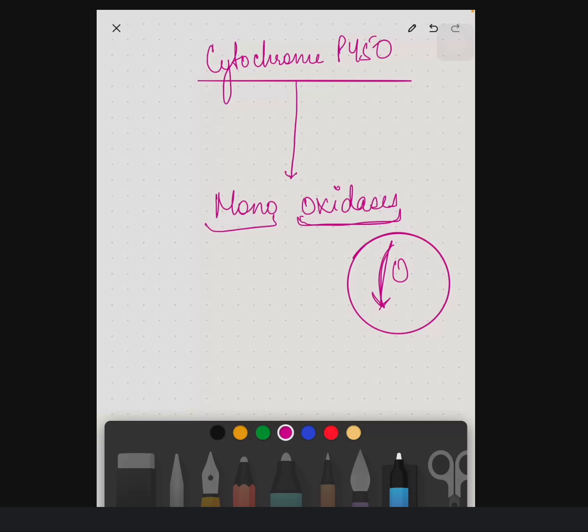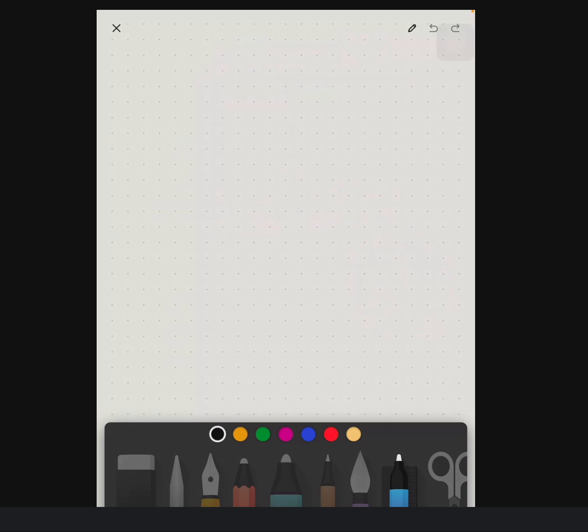And there are further reactions also. And going back to the basics, there are two types of phases in liver metabolism, phase 1 and phase 2. The goal of both phases is to make the drug less polar, or make the drug more hydrophilic, so that it can be excreted out via the kidney.